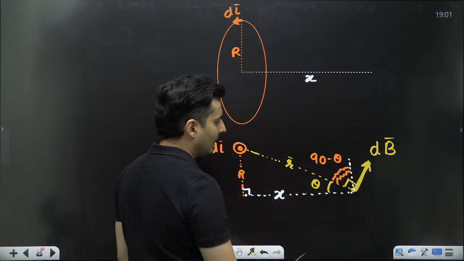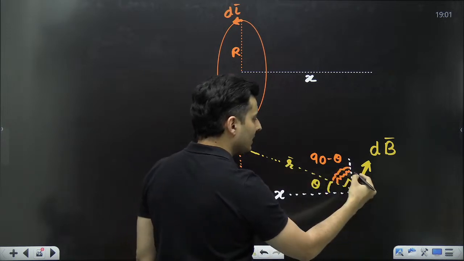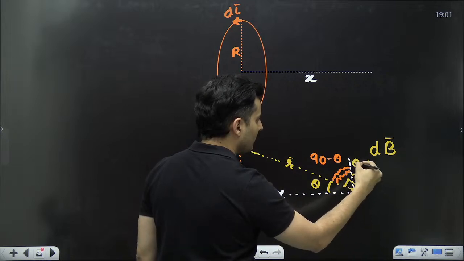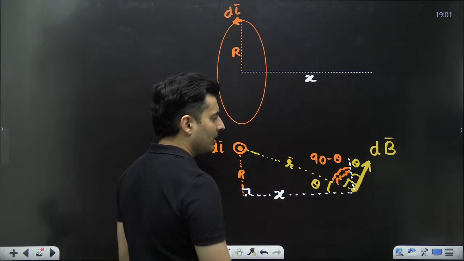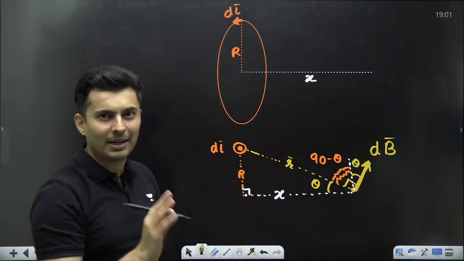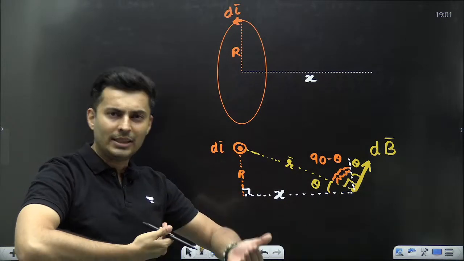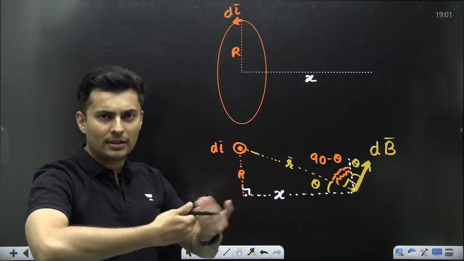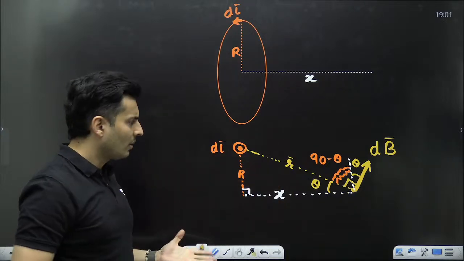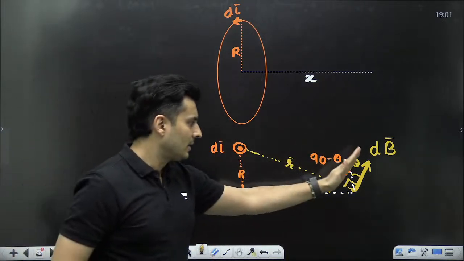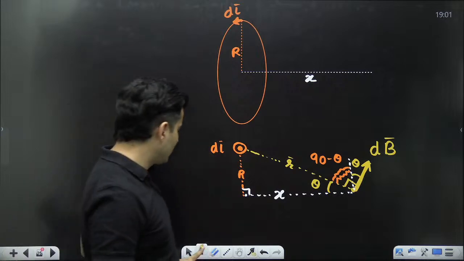If this is theta, this is 90 minus theta. Obviously then this angle will again become theta over here, and that next angle will become 90 minus theta. Every alternate angle will be theta, and every alternate angle on the other side will be 90 minus theta, right? That's how it is. This dB will now have two components.